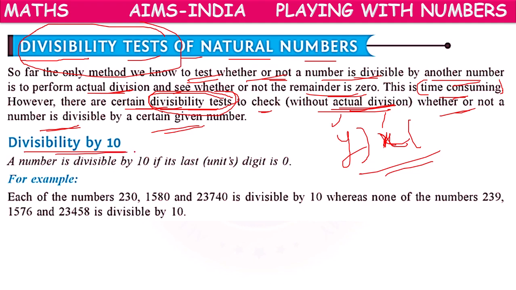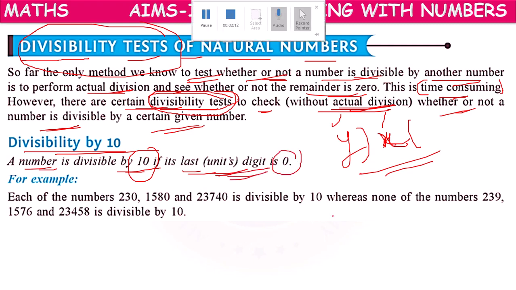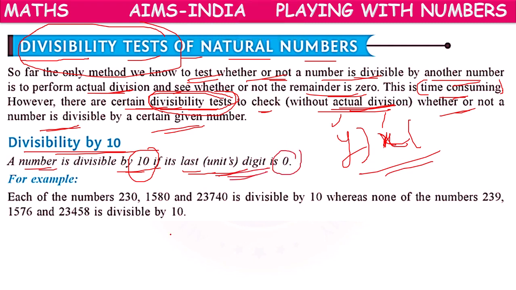Divisibility by 10. Any number is divisible by 10 if its last digit or units digit is 0. Suppose we have numbers like 230, 1580, 23,740.